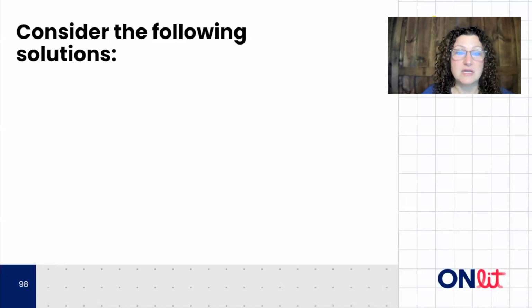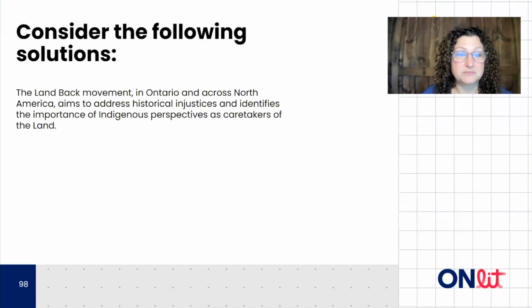How did that go? Consider the following sentences and how they differ from each other. The land back movement in Ontario and across North America aims to address historical injustices and identifies the importance of Indigenous perspectives as caretakers of the land.